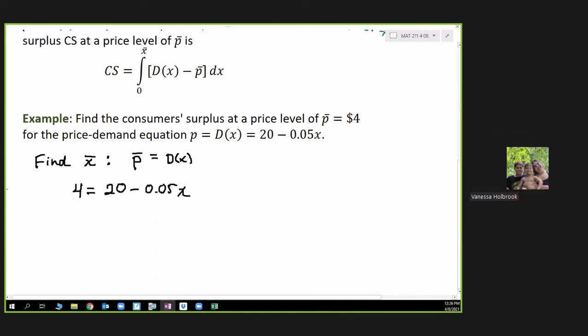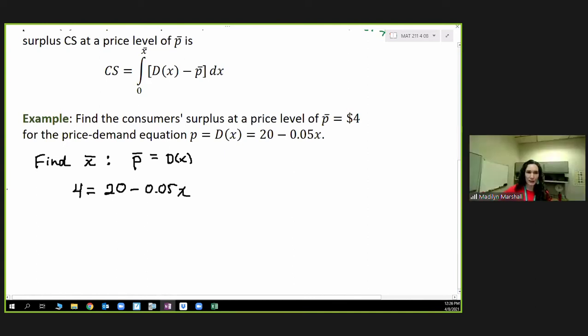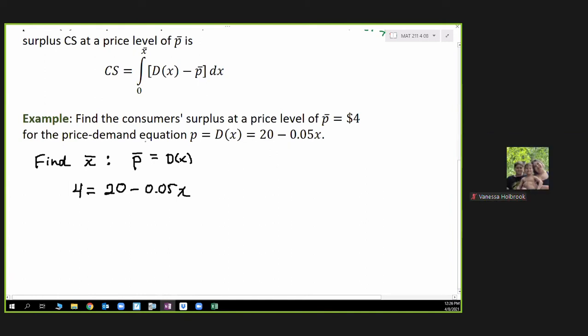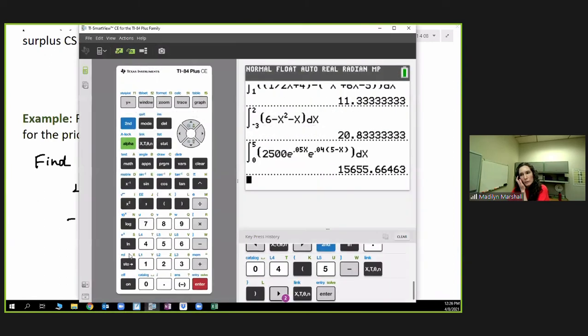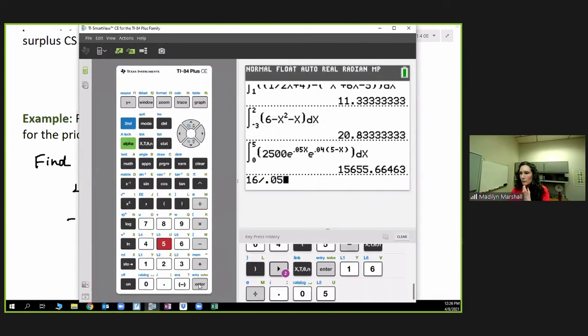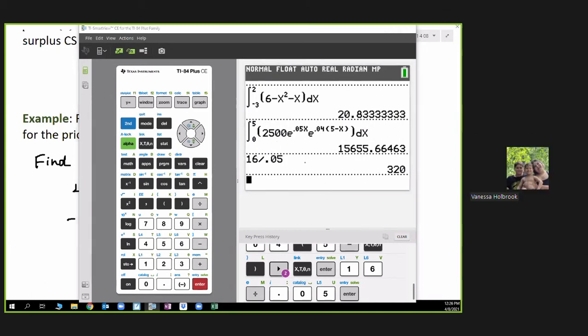Is it opposite if you only have the X bar and don't have the P bar? Yes, exactly. So if we had X bar, we could plug it in for X and then we could find P bar. So we will just solve this, and you get 320.